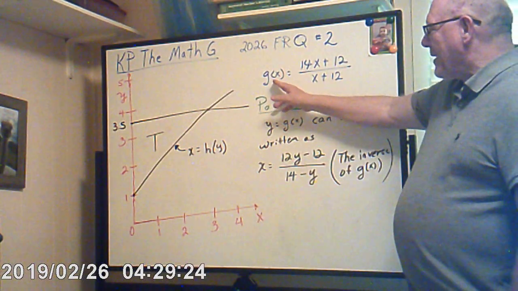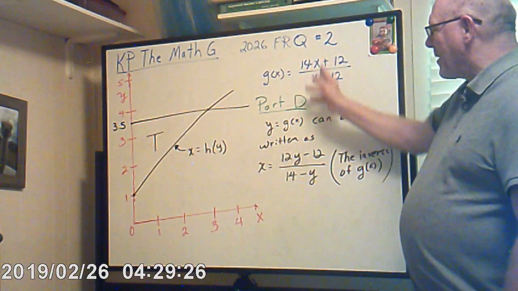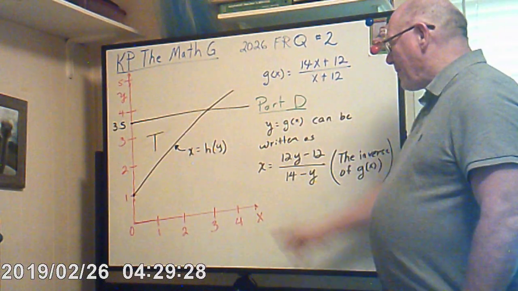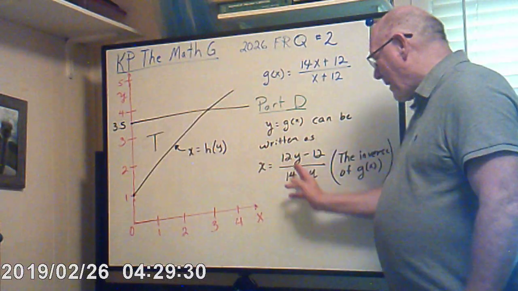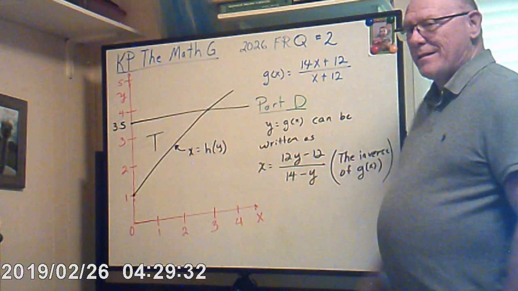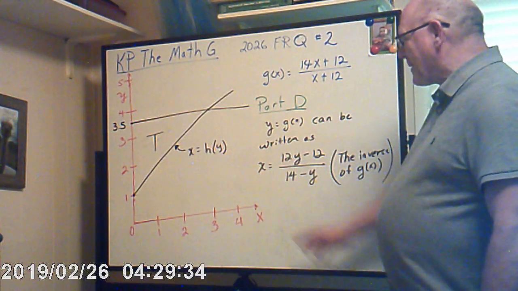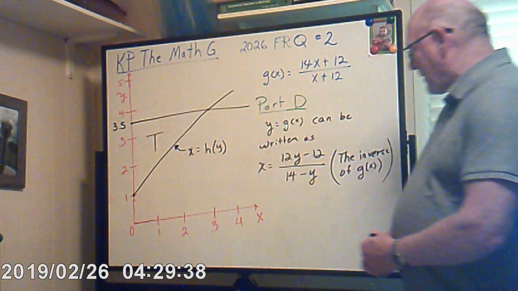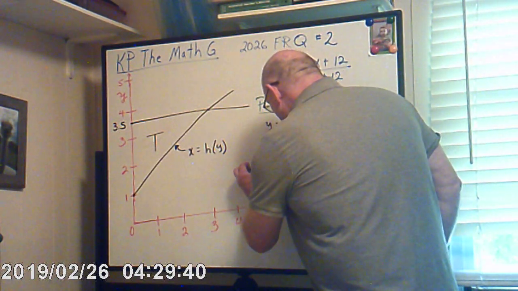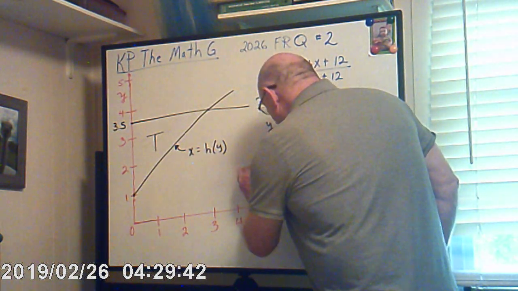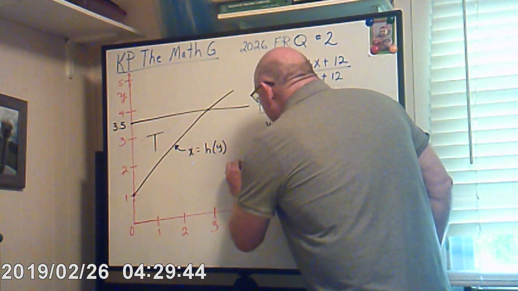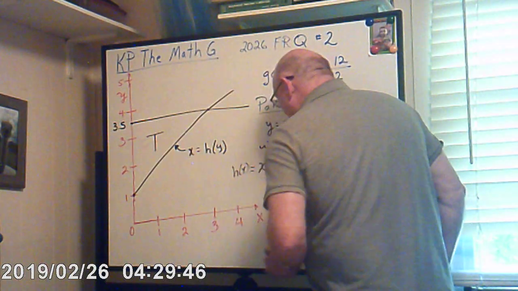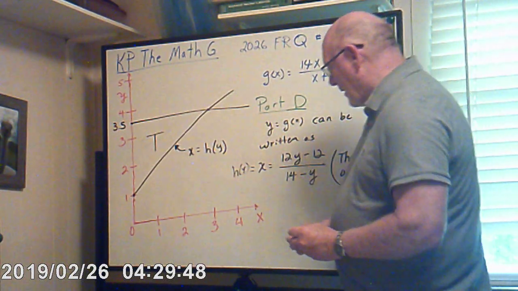Anytime you want to say g at x, everything's in terms of x. Anytime you want to say g at y, everything's in terms of y. So that's why x is equal to h at y. So this is h at y right here.